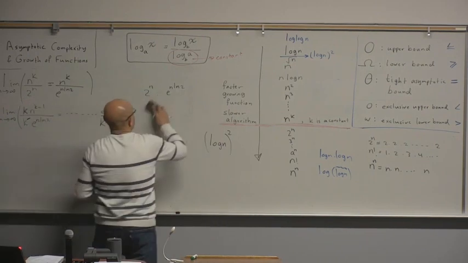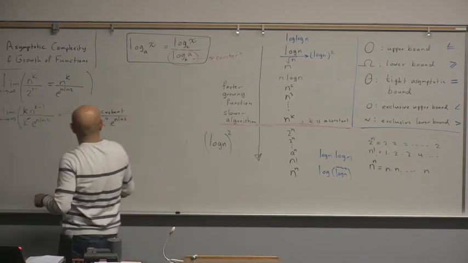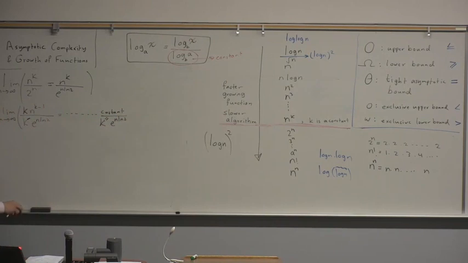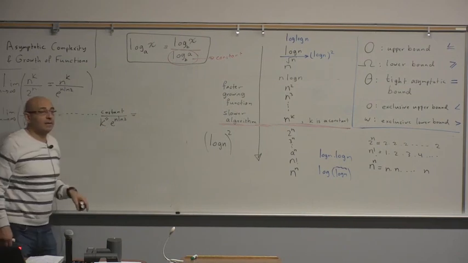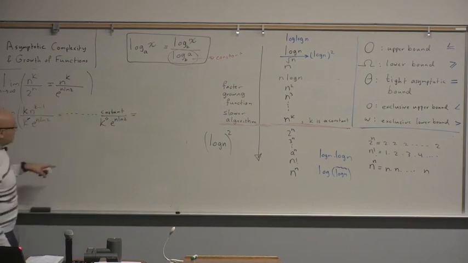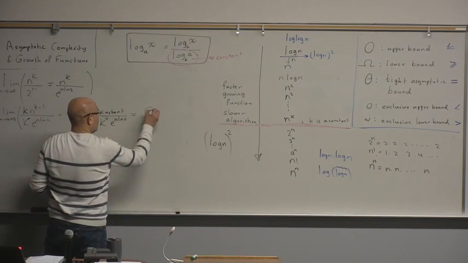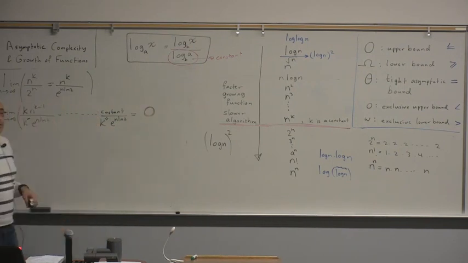So what's this limit? By taking the derivatives, the polynomial will go away, but the exponential will not go away. It will stay, which means that the limit is 0. What does this mean?